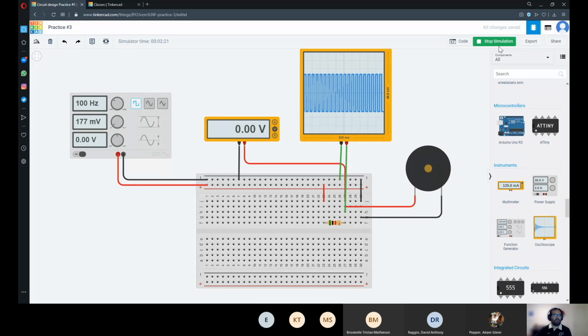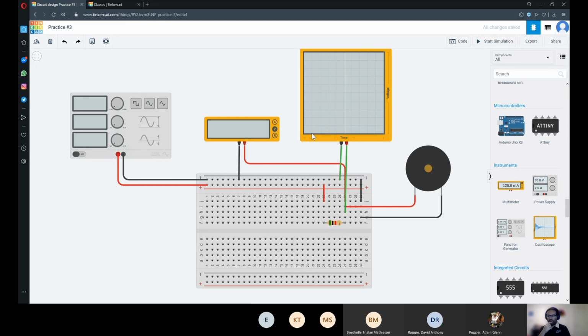Obviously, these instruments are not exactly the same. An oscilloscope, as I showed you before, has multiple knobs, and there are more settings that you need to play around with to be able to visualize. As a tip, if you're ever in the lab working with an oscilloscope, there is usually a button that says auto that's going to find the best settings to visualize your signal both in time and amplitude.